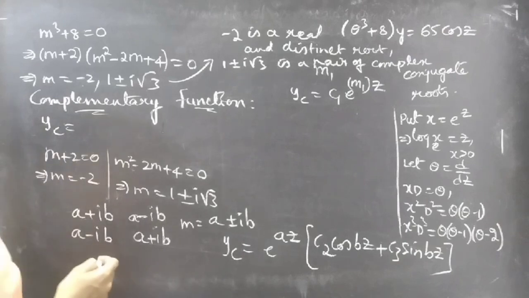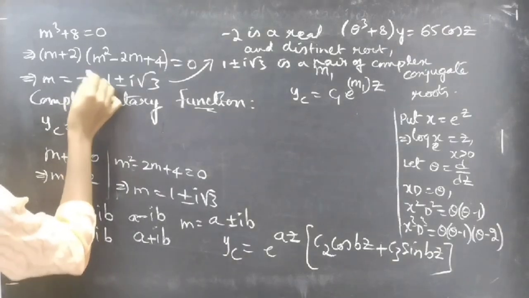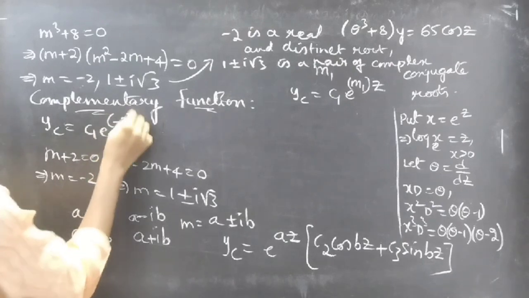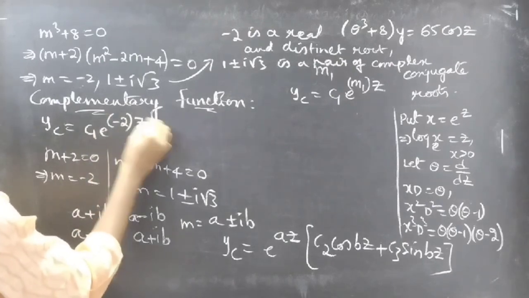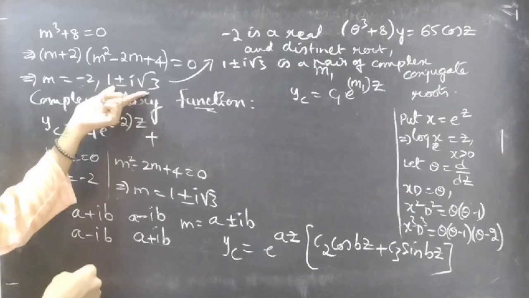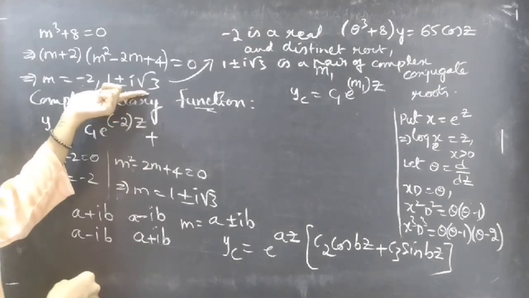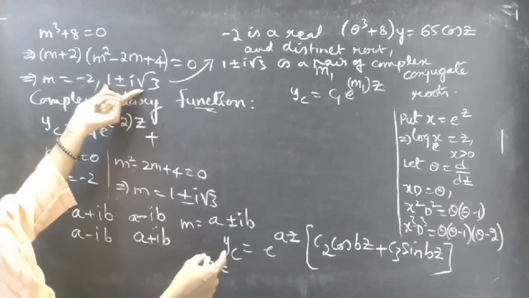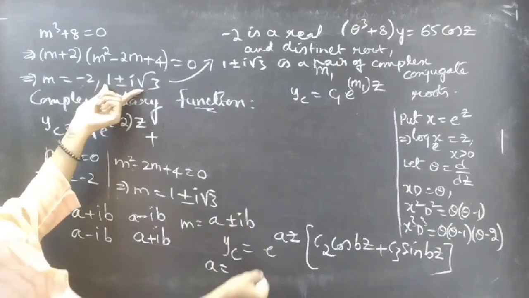Now let's write yc. First we will write for minus 2. We'll get c1 e^(-2z) plus, now coming to the complex conjugate roots, compare 1 ± i√3 with a ± ib.